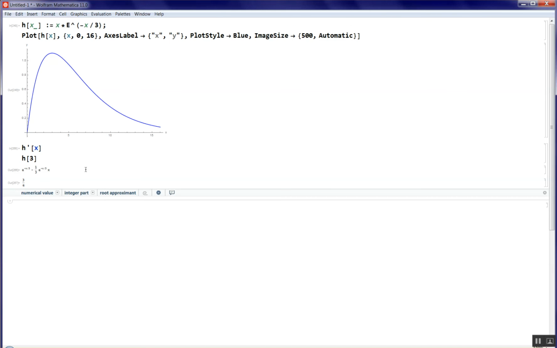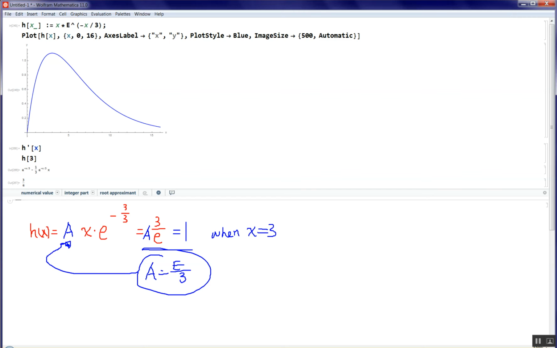In other words, my h of 3, which is x times e to the negative x over 3 at x equals 3, is equal to 3 over e. Now this is my h of x. I want to figure out an A so that this largest value is equal to 1 when x is equal to 3, when the time is 3. With that, A is equal to e over 3. Is that right? So that's how I find my h of x.